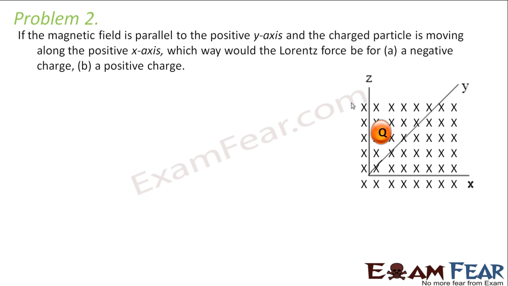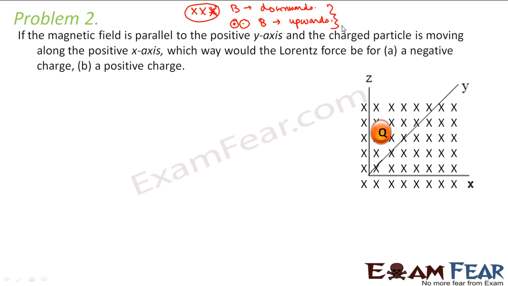Another convention which we follow everywhere is whenever you have a cross, that means the magnetic field is acting downwards, perpendicular to the plane of your screen or the plane of the paper. Whenever I denote it with a dot, that means the magnetic field is perpendicular to the plane of the paper and acting upwards. That is the convention which we follow everywhere.